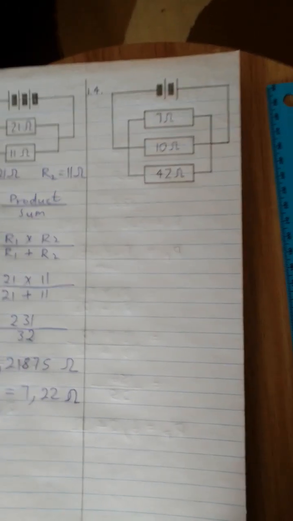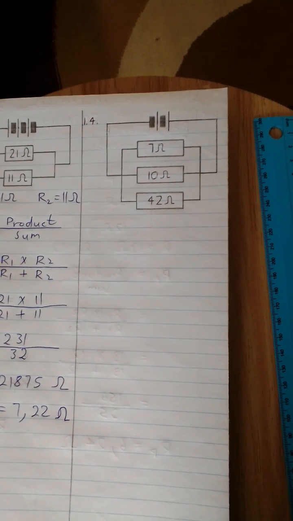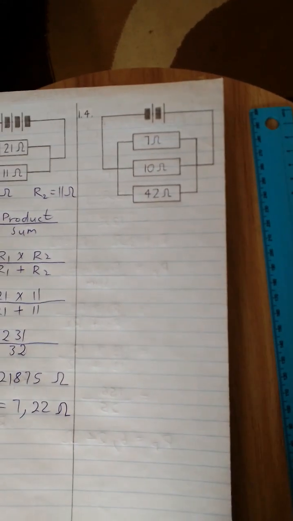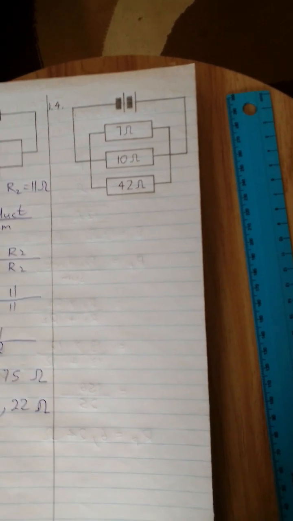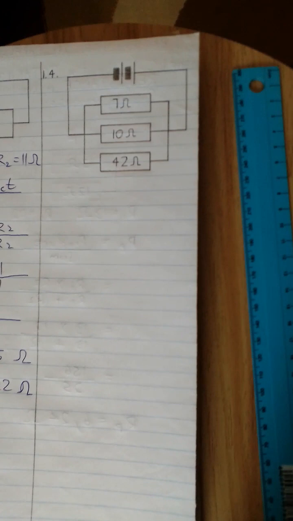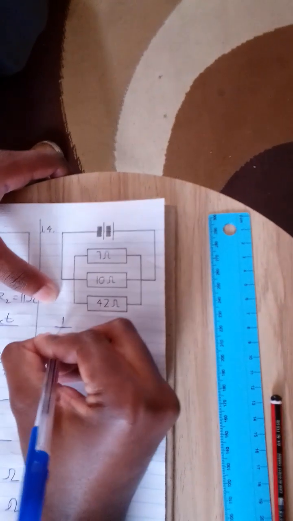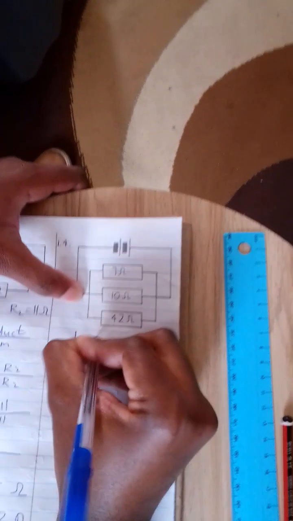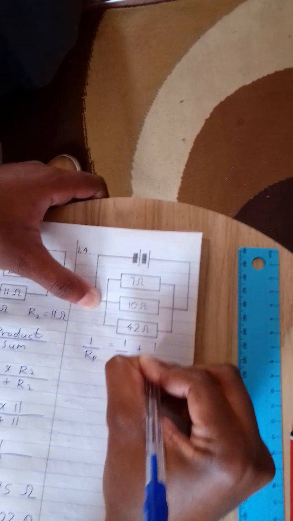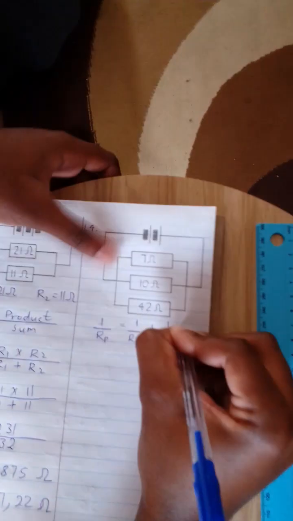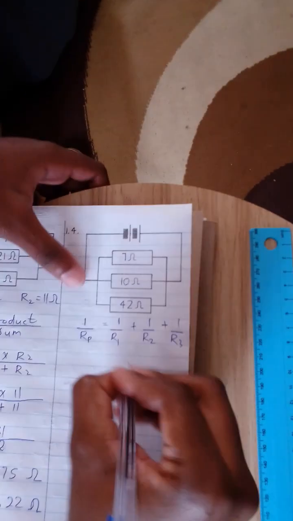Okay, 1.4, we have 3 resistors connected in parallel. R1 is 7 ohms, R2 is 10 ohms, R3 is 42 ohms. So hard, but we have to do it. It's going to be 1 over Rp is equal to 1 over R1 plus 1 over R2 plus 1 over R3.